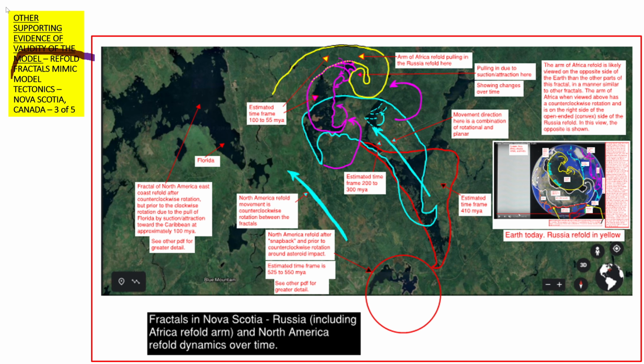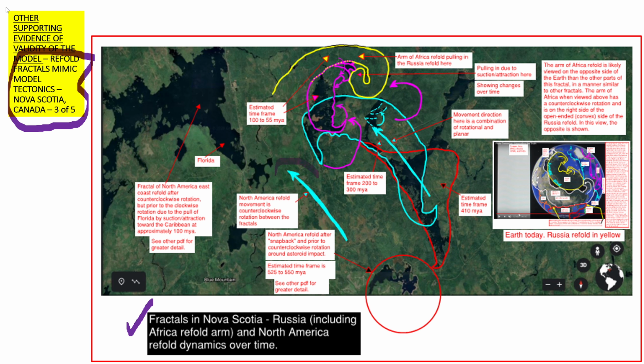Okay, refold fractals mimic model tectonics. Another example in Nova Scotia. This is the third of 5 slides. Okay, as you see in the text box here, fractals in Nova Scotia, Russia, including Africa refold arm and North America refold dynamics over time. So remember I was saying everything goes in a northwest direction of advancement. So that's what's going on here.